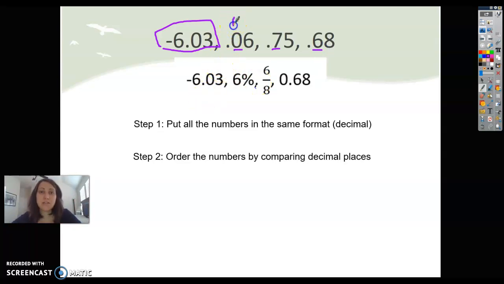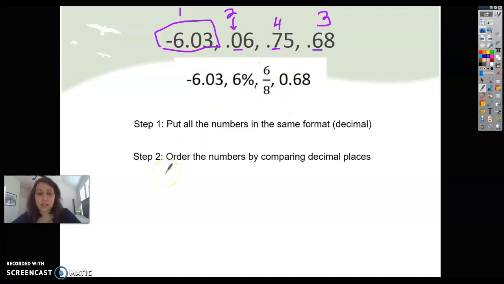That's going to be the 0. This is the least in the tenths place. So this would be our smallest. This would be our second smallest. The next smallest number in the tenths place is a 6. So this is my third smallest. And then this would be my fourth smallest, which is technically my largest one. Okay. And they correspond underneath here.